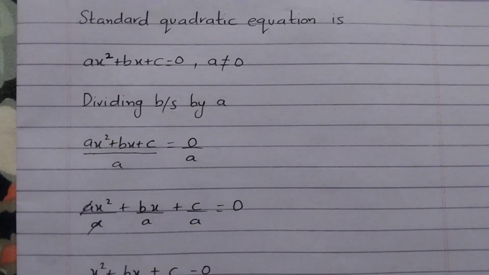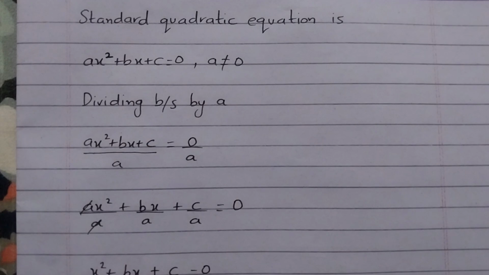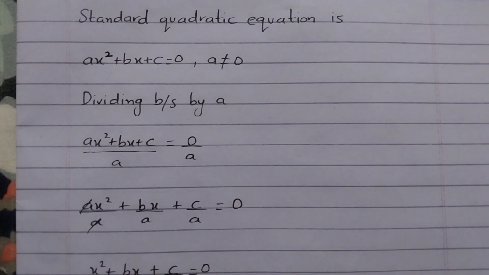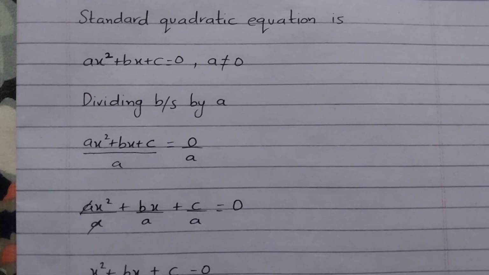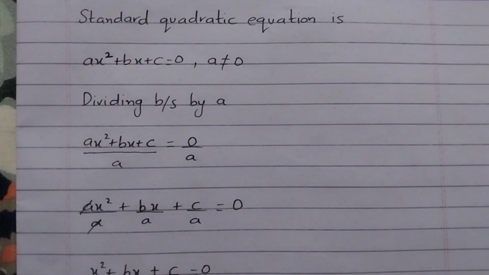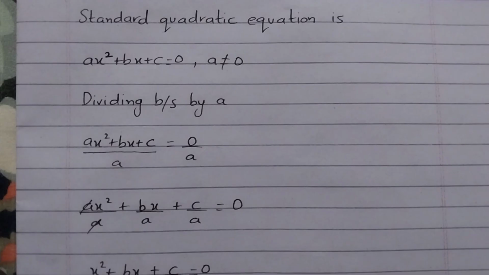It can be 3, it can be 5, a number which is not a perfect square. So we'll have to make this first term a perfect square in order to complete that formula.